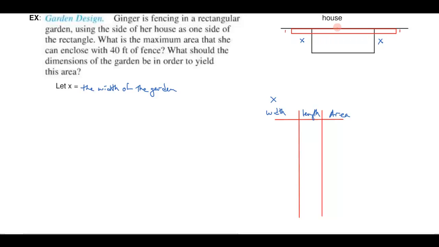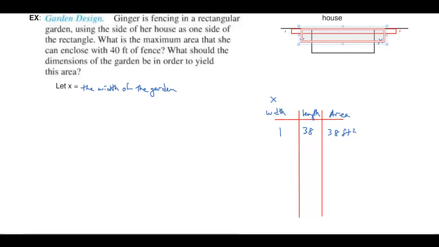Well, that uses up 2 feet of the 40 feet, right? So I've got a width of 1 foot, and then the length is going to be 38 feet. And so the area of that would be 38 square feet.